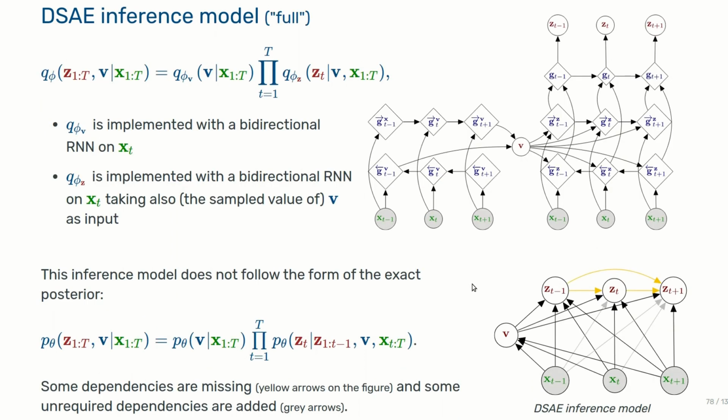Regarding the inference model, in the original paper there are two versions. We here describe the full version. The inference model is quite complex, as you can see on the slide.